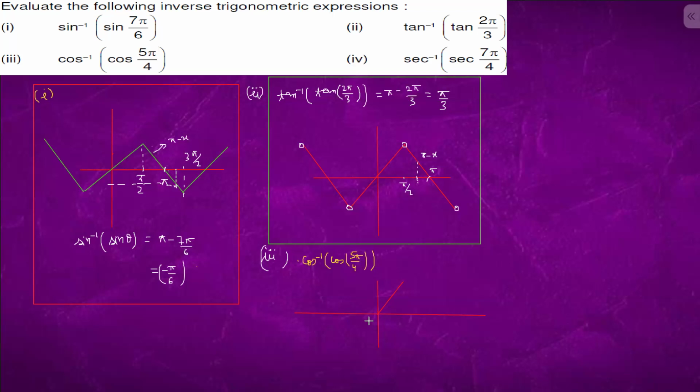So the cos inverse cos graph will come out in what way? If we keep moving from 0 to pi by 2, it's okay, and from 0 to pi, it is like this.